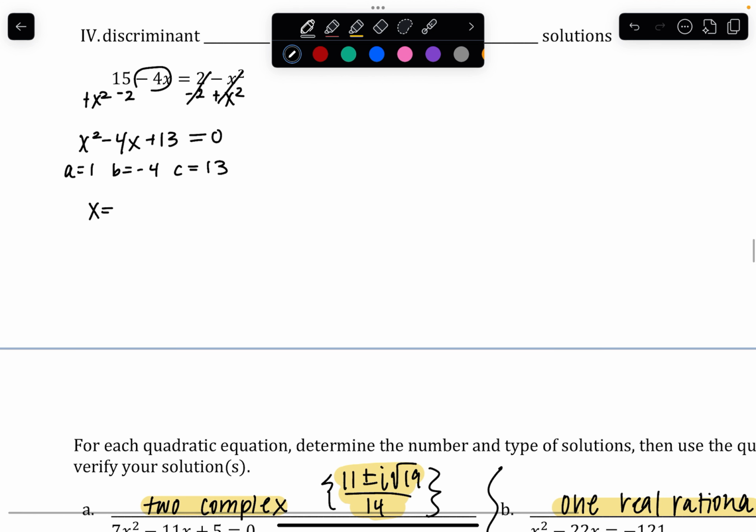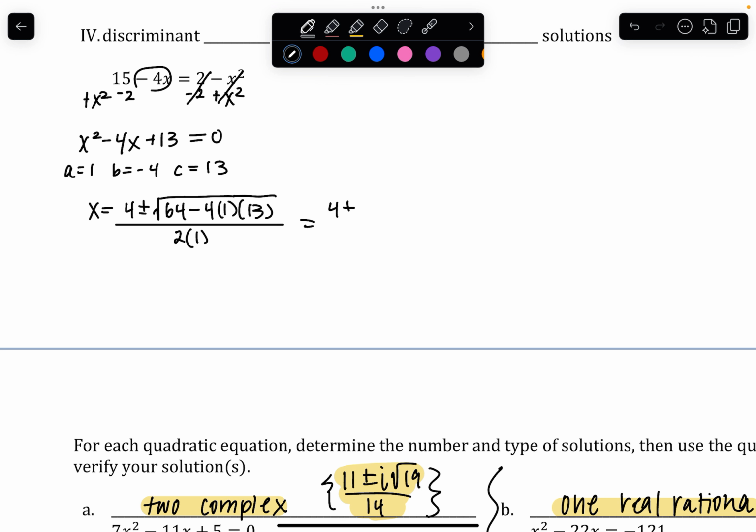Okay, x equals opposite b, or negative b would be 4, plus or minus b squared is 64, minus 4 times a, which is just 1, times c. I'll go ahead and write it. Won't be lazy. All over 2 times a.